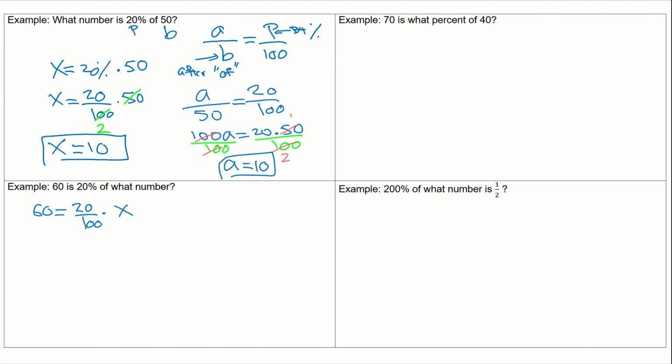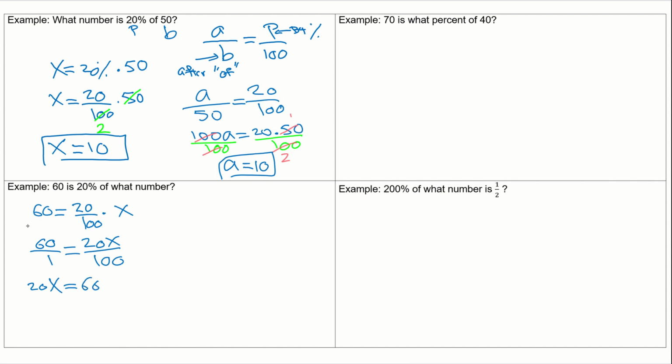Now, I can notice that this can be written as 60 over 1 equals 20x over 100. Never miss an opportunity to write an equation as a proportion if possible, because we know how easy they are to handle. This cross product is 20x, and this cross product is 60 times 100.